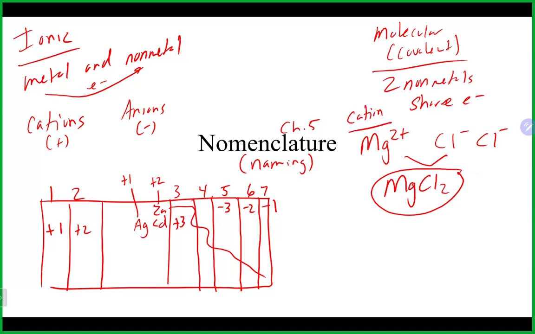This would be the cation formula. And by the way, this would be the anion formula here, not Cl2 minus, no such thing. So it is Cl minus. When you write the formula for the anion, you want to make sure that you write it correctly. That's also really important to remember as we go through this.